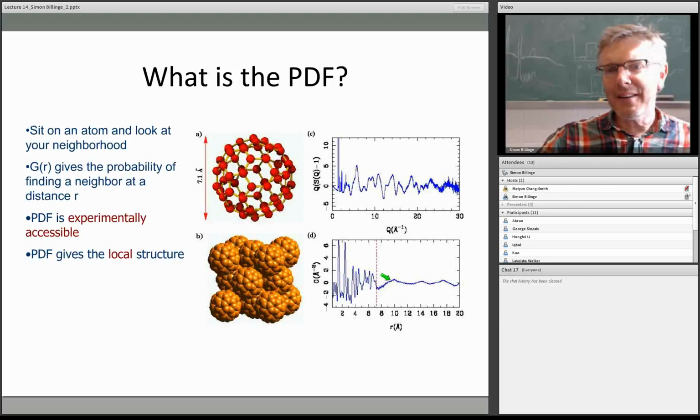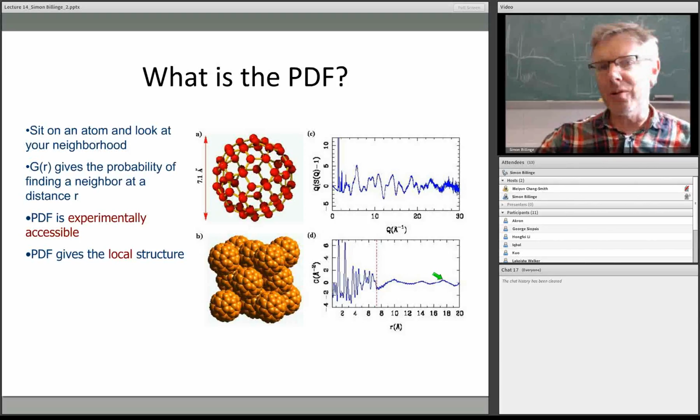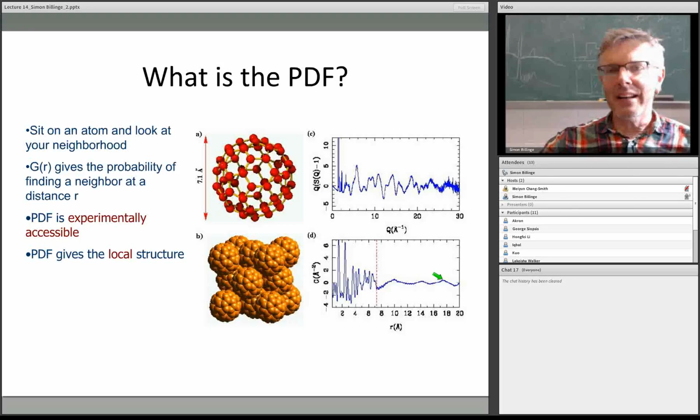Now, if you look carefully, there are some broad peaks also out here. These are actually coming from the intermolecular correlation function. They're how the balls pack. So I have a ball that's here, and I have a neighboring ball that's there. It turns out that the inter-ball separation is 10 angstroms. So the first broad peak is peaked at 10 angstroms or 1 nanometer.